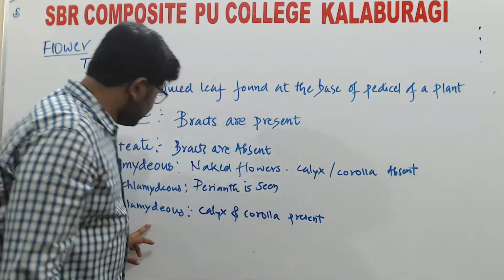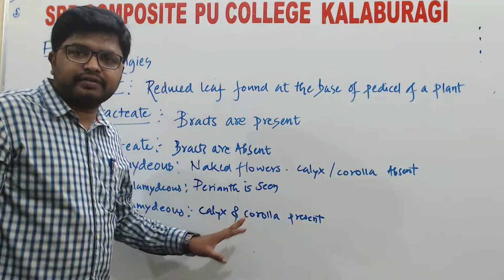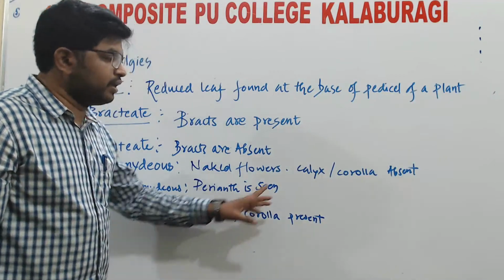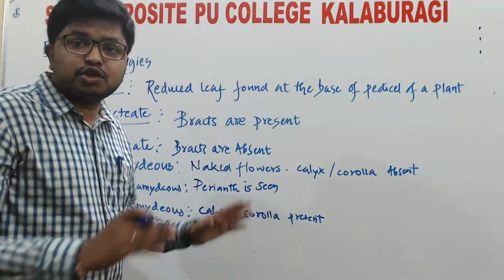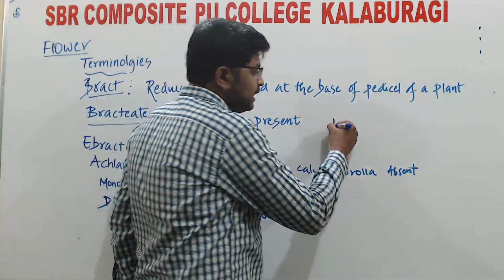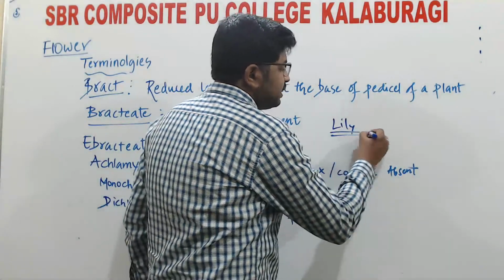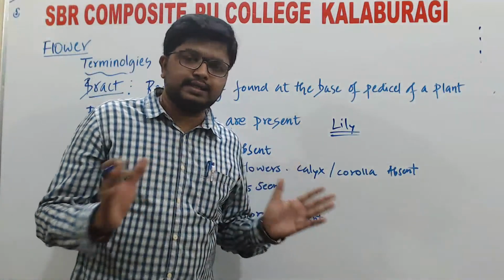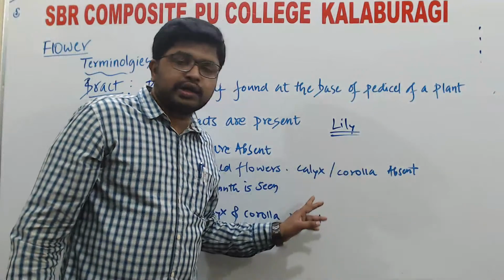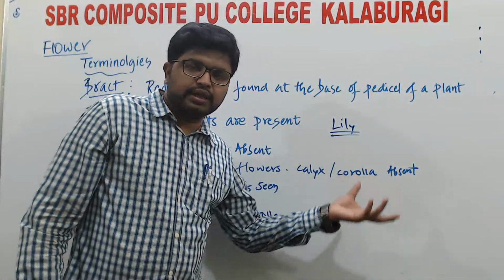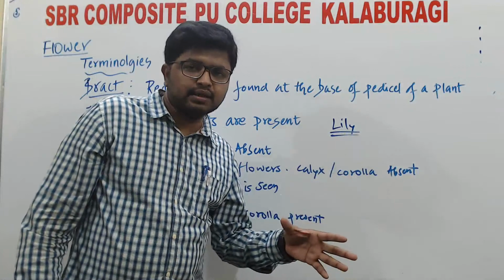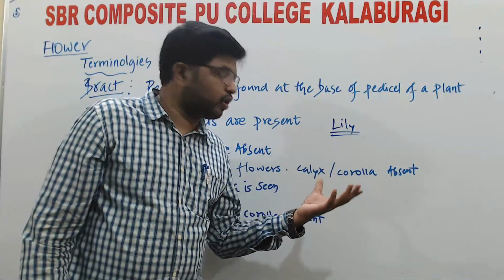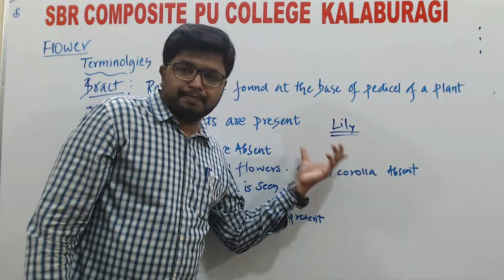So dichlamydeous flowers generally have both the calyx and corolla as accessory whorls. When calyx and corolla are not distinct, as you see in lily, the calyx and corolla are absent as distinct whorls and there is the presence of one more whorl, the perianth.